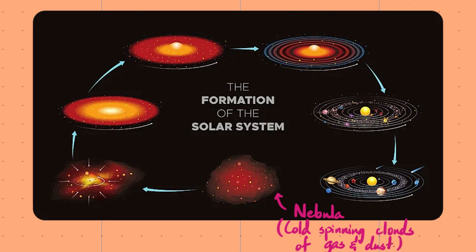So before anything, जब कुछ भी नहीं था, so what we say is that there was this cold spinning cloud of gas and dust. This is what we call a nebula. So ये कुछ clouds हैं.